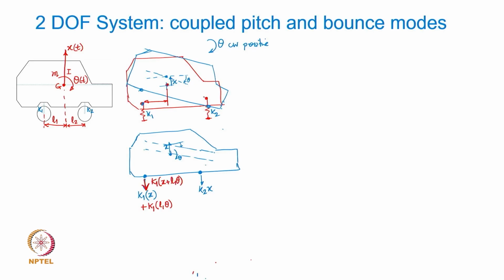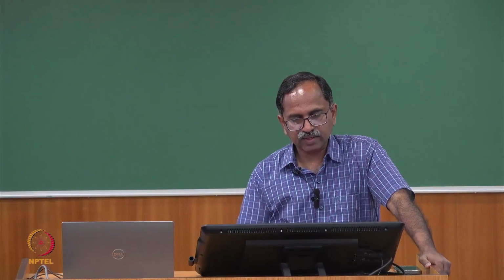Whereas here, as you notice, because of the pitch motion causing this front part to go down, the displacement x is going to pull it up. So, the net force would be upward, because the spring is going to get compressed. If you only consider the pitch motion, it is going to compress the spring at the front side.